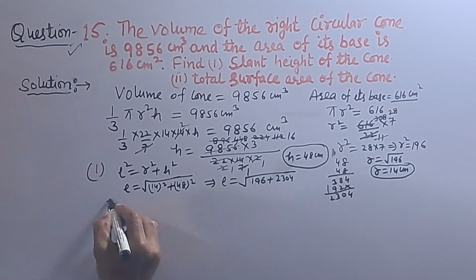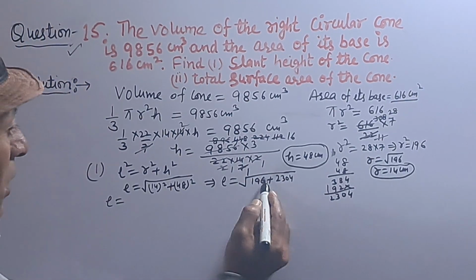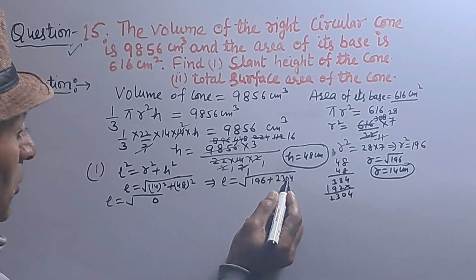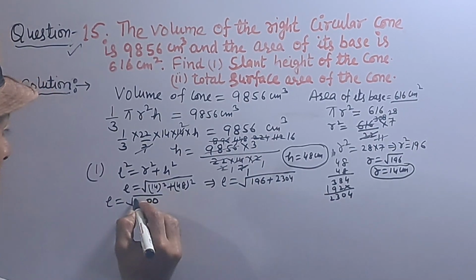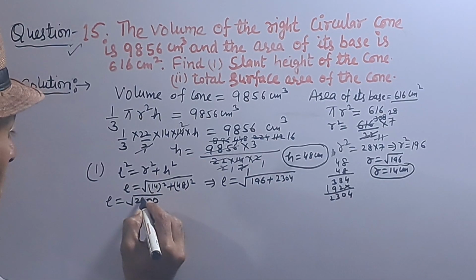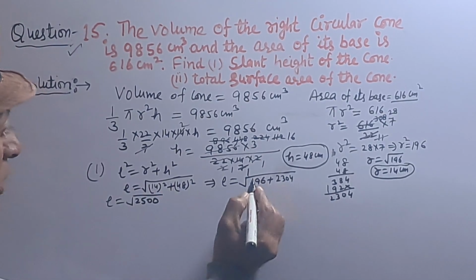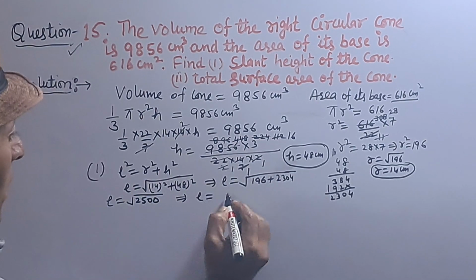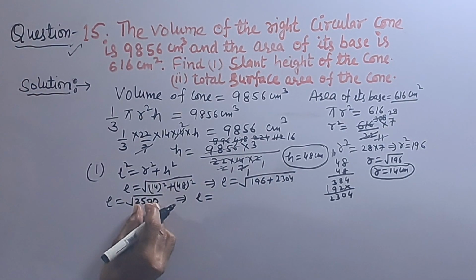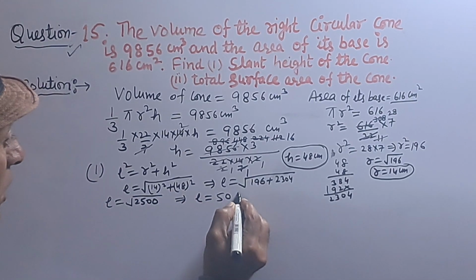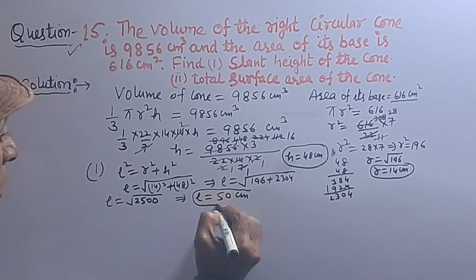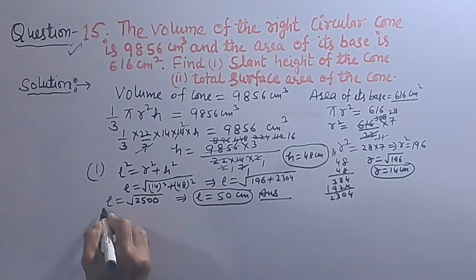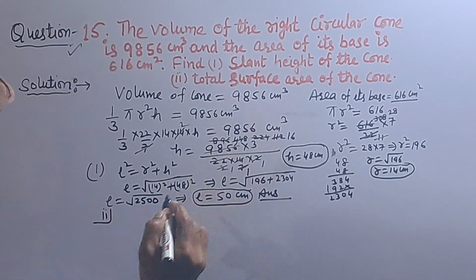And L is equal to 196 plus 2304, that is 2500. So slant height equal to 2500 root, that is equal to 50 centimeter. Answer. And solution of second part.